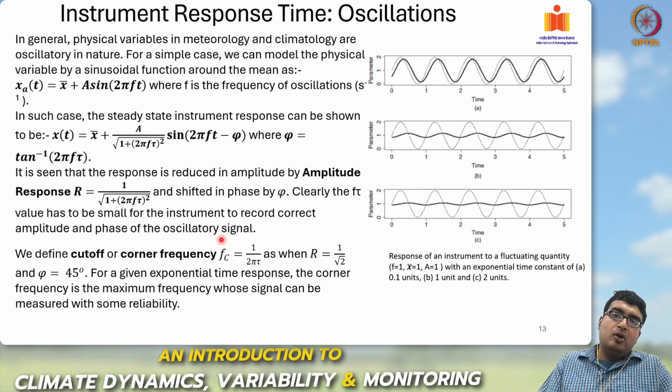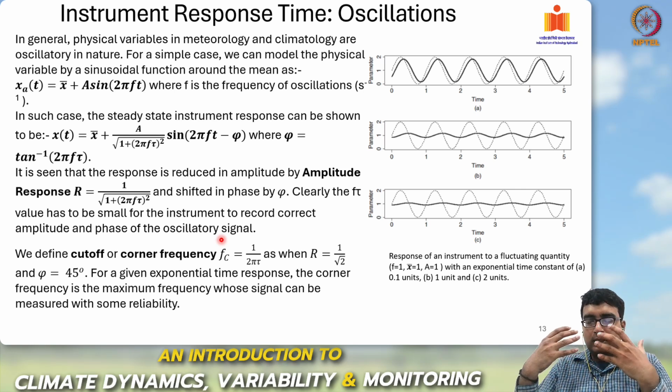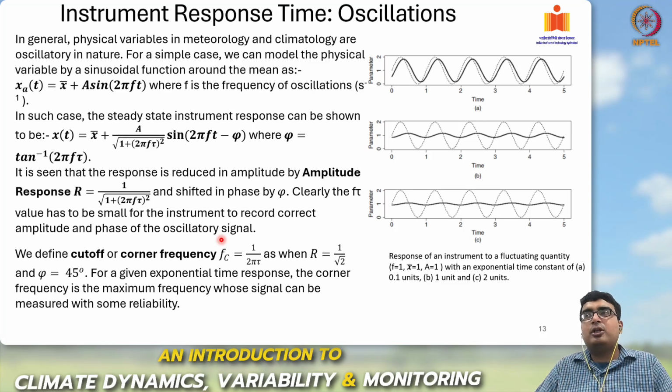However, most of the actual physical parameters do not vary in a step change method. Most climatological and meteorological parameters vary in oscillatory manner, periodic oscillations.